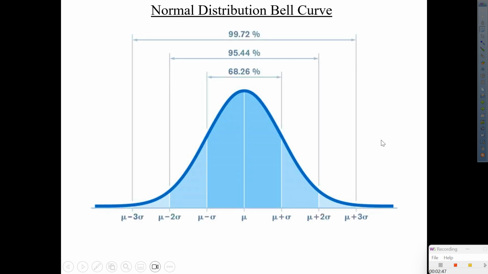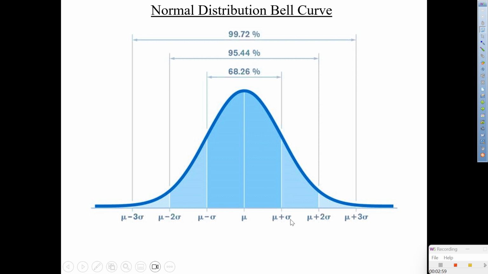However, let me revisit normal distribution. Look up to the screen. We've been talking about bell curves, yes? Yes, Mr. Q. And I remember on the second week of school, I gave you all the parts of the bell curve. From mu, that stands for what, everyone? Mu stands for mean, yes?